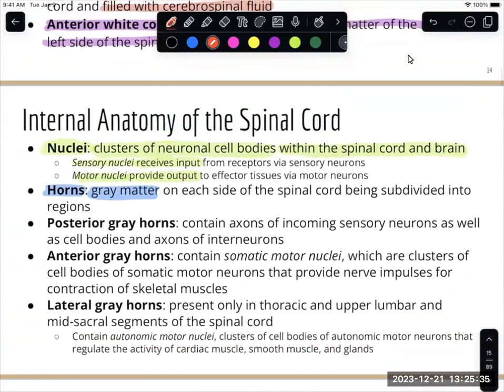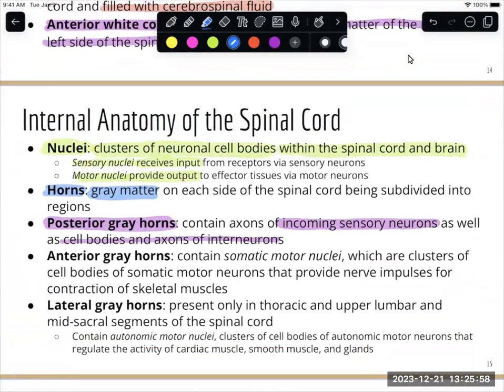So I showed where they were. Let's look at them now. So that posterior gray horn is incoming sensory. It does have cell bodies and it does have interneurons, those kind of between neurons.